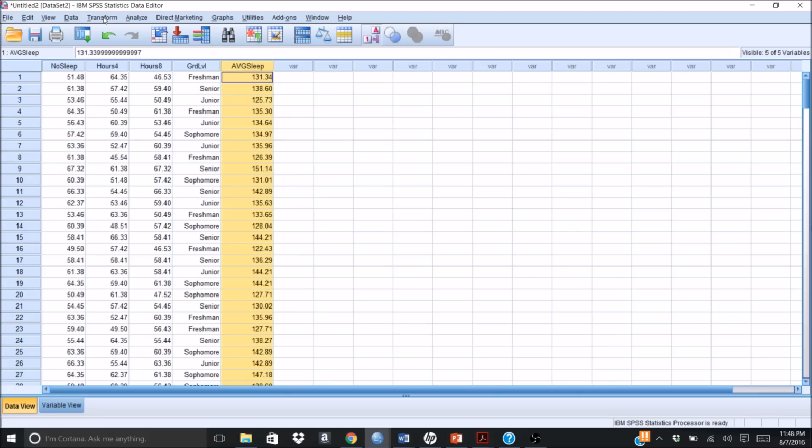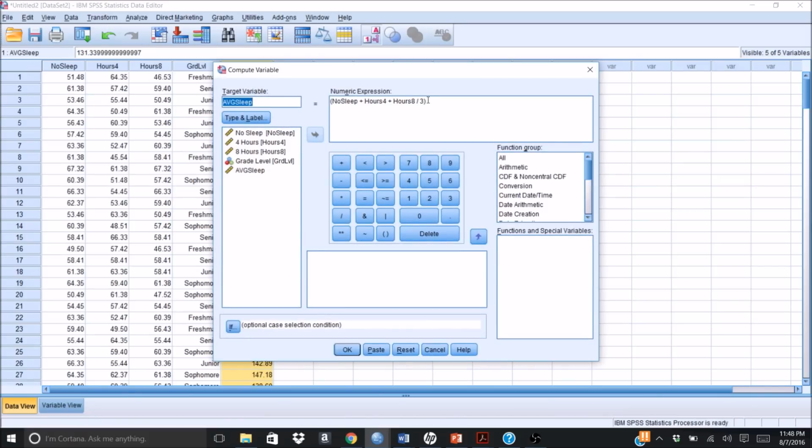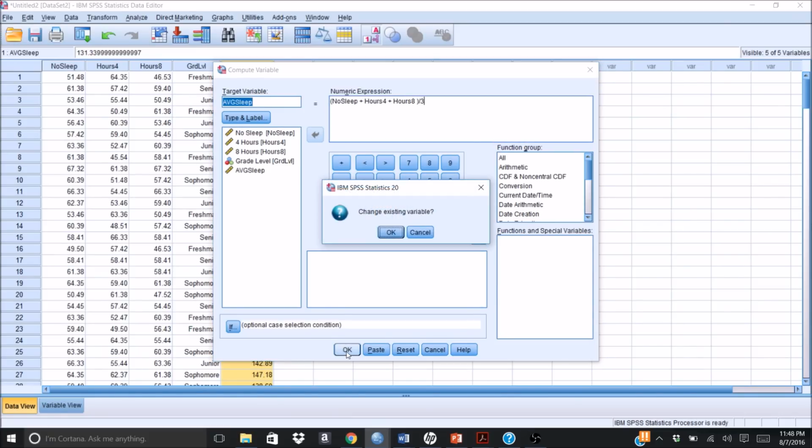Easy fix. I'm going to go into transform. I'm going to go into compute variable. I'm going to click right here. I'm going to take out that divide 3. I'm going to put it on the outside, divide 3, and I'm going to click OK. And it's going to ask me if I want to change the existing variable. Well, yes, I do, because the existing variable is wrong.